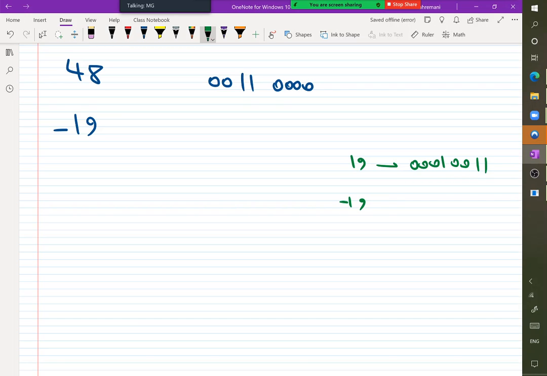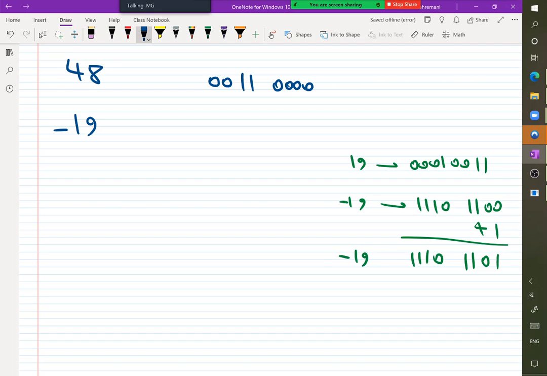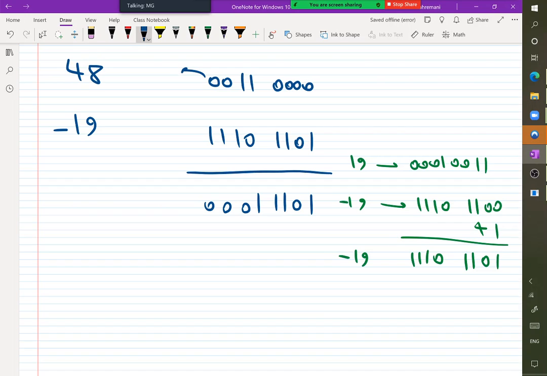So negative 19 is 1, 1, 1, 0, 1, 1, 0, 0 plus 1 is 1, 1, 1, 0, 1, 1, 0, 1. So this one is negative 19. And we add these two numbers, we will have 0, 0, 0, 1, 1, 1, 0, 1, and we have a carryout 1.